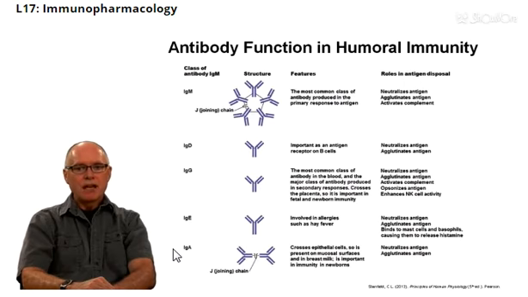For example, IgM is a complex of 5 Y-shaped antibodies. All classes of antibodies can participate in processes such as neutralization and agglutination, while some more specialized classes also participate in opsonization, complement activation, and stimulation of NK cells, as summarized in this table.